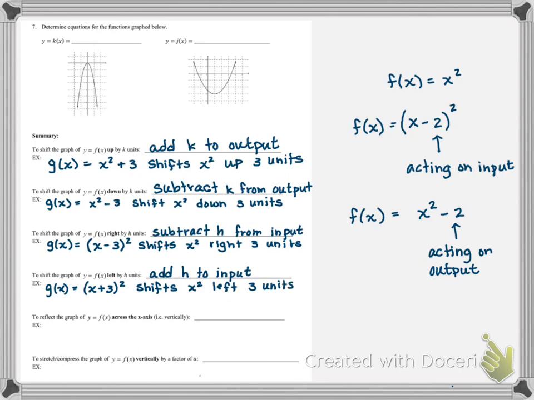So what if I want to flip it? Reflecting across the x-axis, we'll go from here to here. Would you make it negative in front of the parentheses? Right, so acting on the input or output? Output, because if we go from here to here, what's changing is the y values.